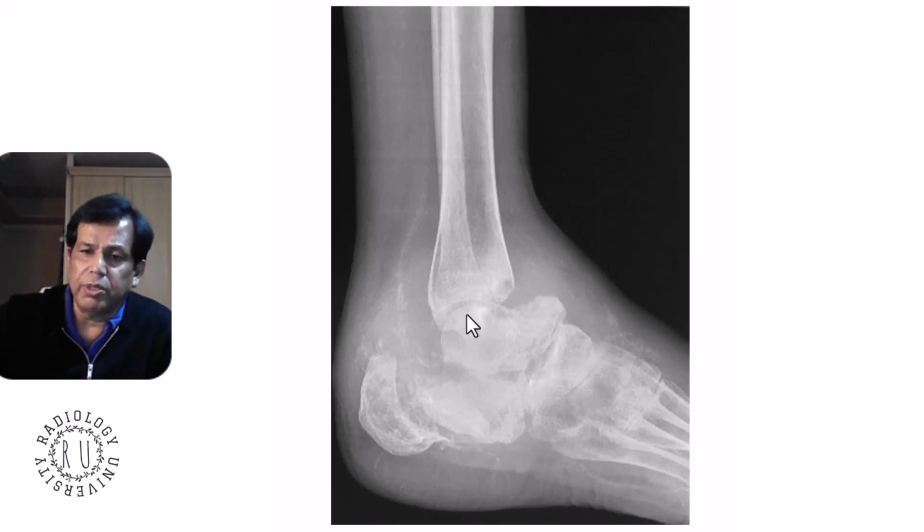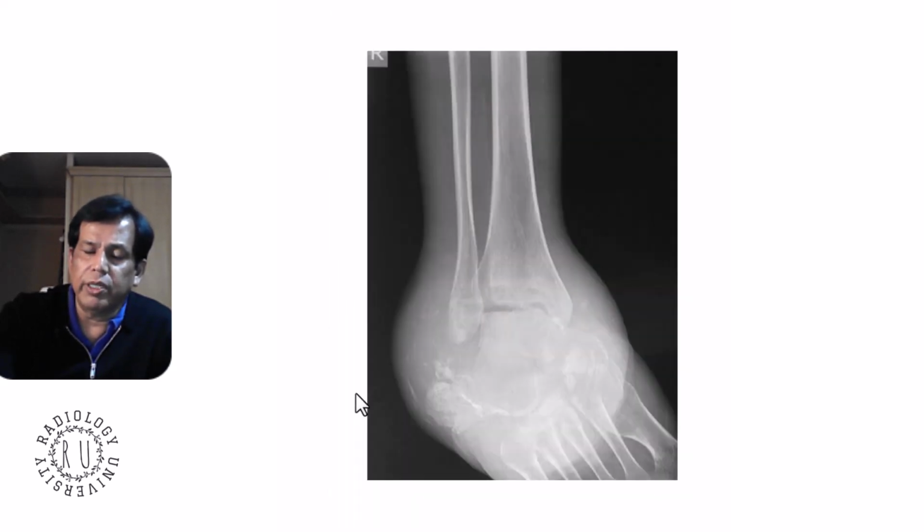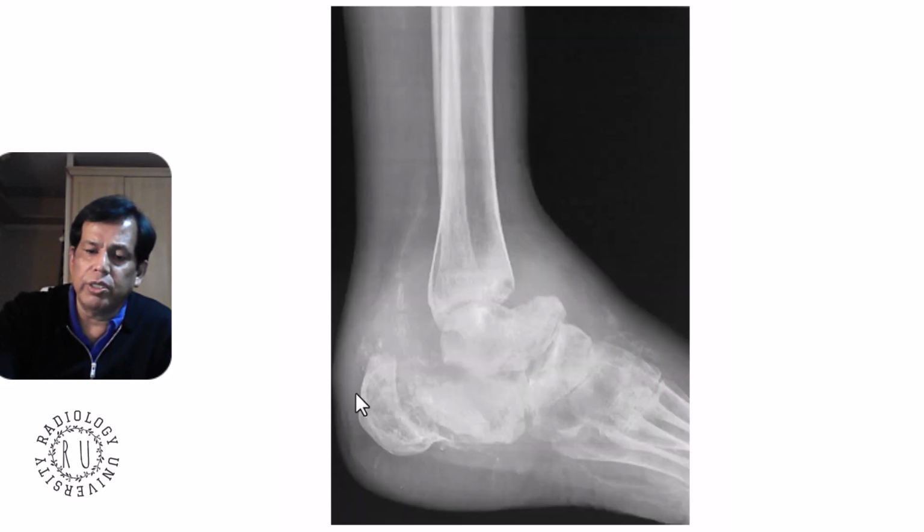The density is preserved, deformity is there, and vascular calcification gives you a clue of a diabetic foot. And this is where it is Charcot's arthropathy. Soft tissue swelling is there. It could be acute or chronic, or both. Mainly it can involve the mid-tarsal, mid-foot joint or the subtalar joint.